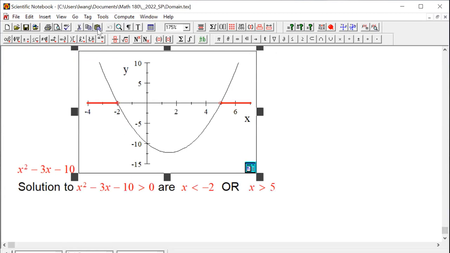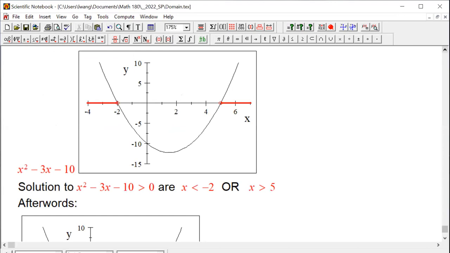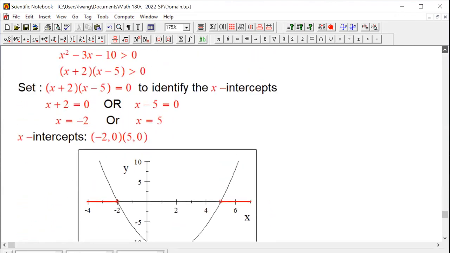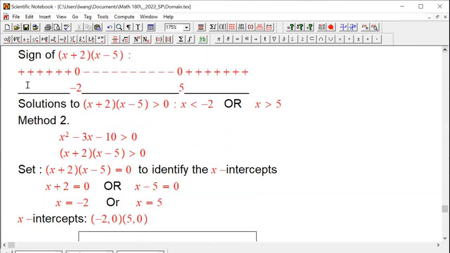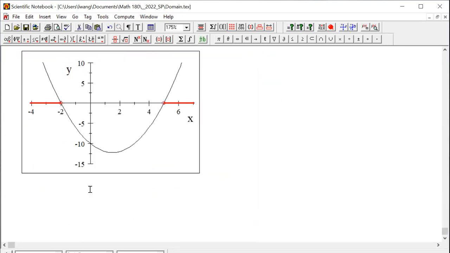Afterwards, you don't have to show this, but just for your own comparison, put this picture side by side with this piece.